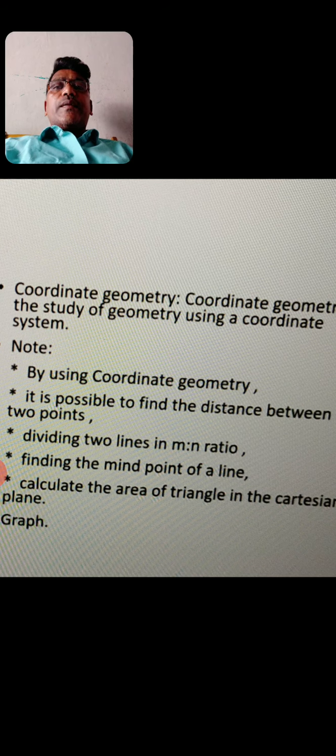So the important points are, by using this chapter, coordinate geometry, we can find the distance between 2 points, we can find the midpoint of the given line segment, we can find the ratio m:n, and we can calculate the area of the triangle. One more point is there also: if 3 points are given we can find out whether the 3 points are collinear or not.